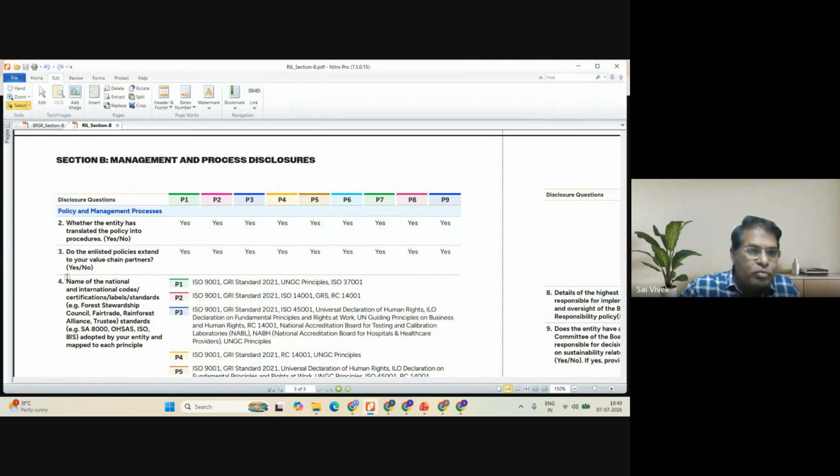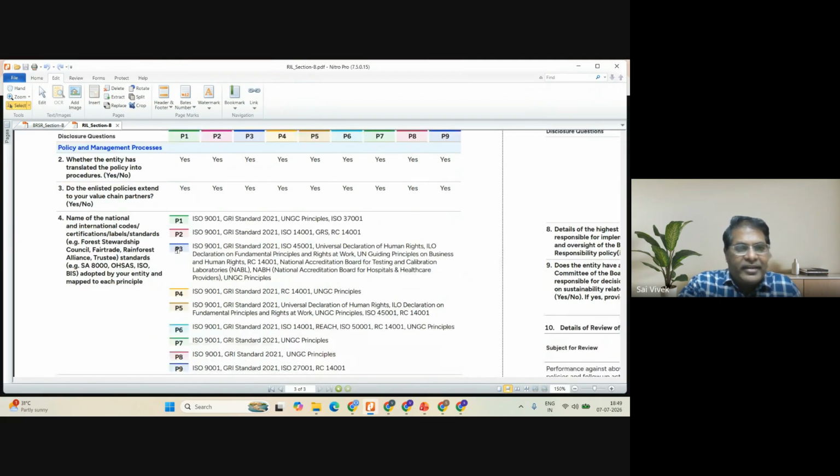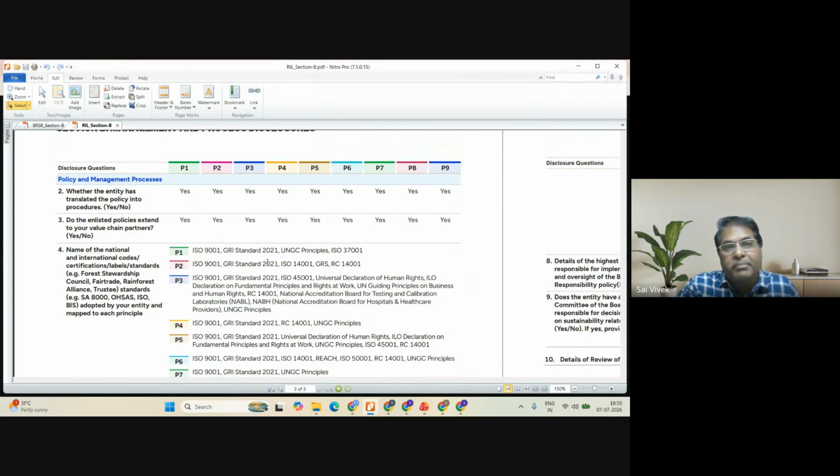Now coming to the next one, do the enlisted policies extend to your value chain partners? We have seen that value chain partners could be vendors or transporters or customers or anybody. So it is said that it is there. Yes. Next one is name of the national and international codes or certifications such as OHSAS, ISO standards, BIS standards, and what each is with respect to each principle is mentioned here.